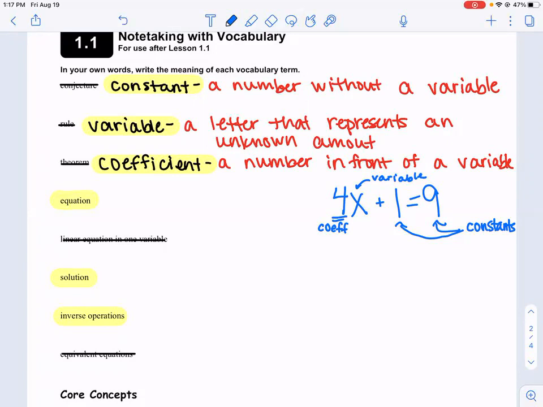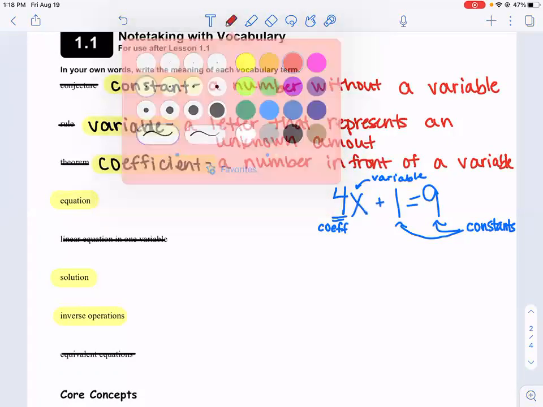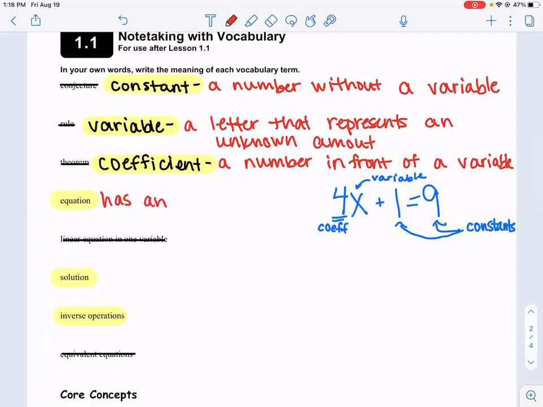What is the one thing an equation has? Numbers. An answer. An equal sign. Because its name is equation, it has an equal sign. Okay, now somebody said an answer.